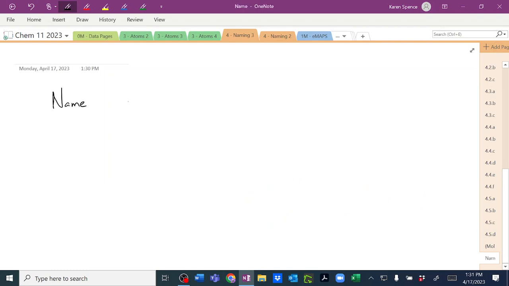Let us name Mn3(PO4)2. Well, the first thing we're going to do is we're going to say Mn is manganese. And then we say, does it need a Roman numeral?